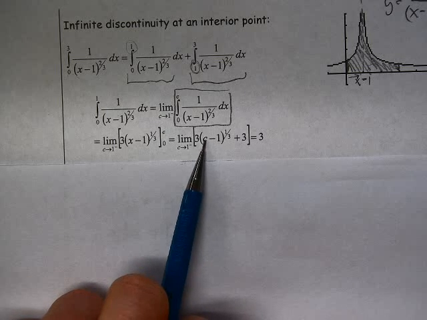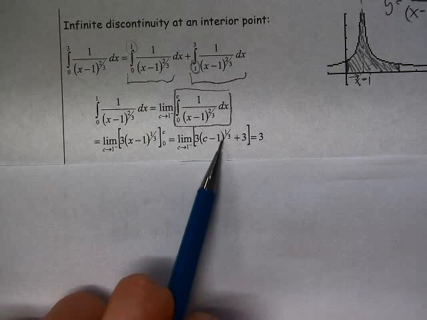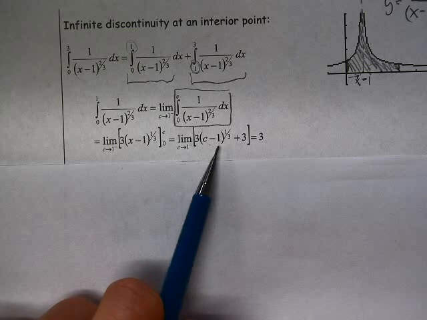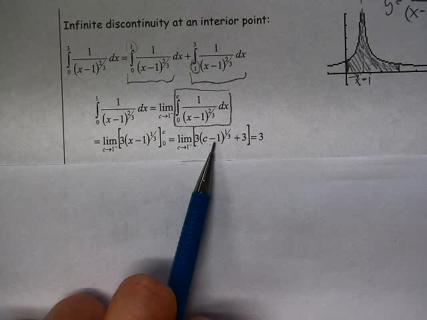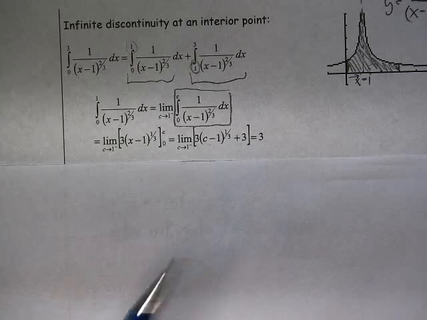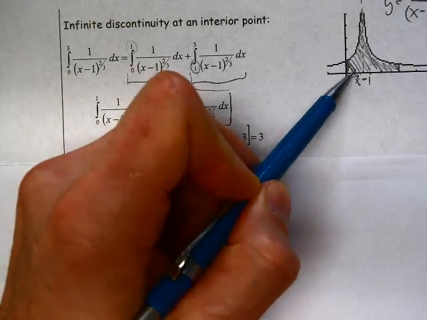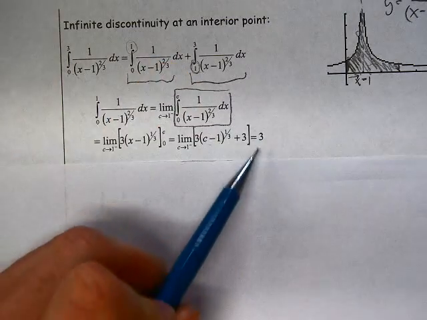So you can see here, as c approaches 1, I'm going to approach 0 here in this set of parentheses, and so 0 to the 1/3 is 0, times 3 is 0, so the limit is 3. So this part of the area, between 0 and 1, converges to 3.